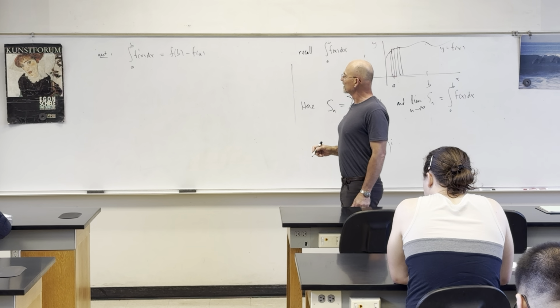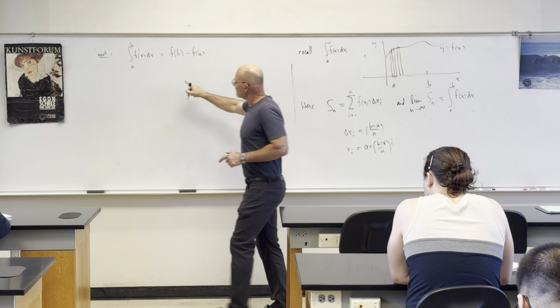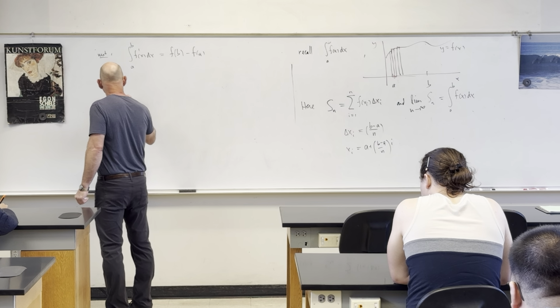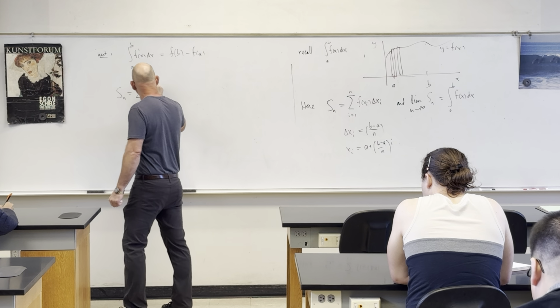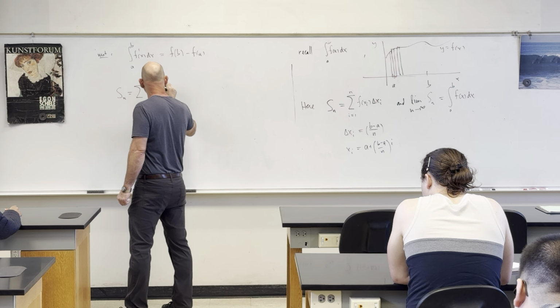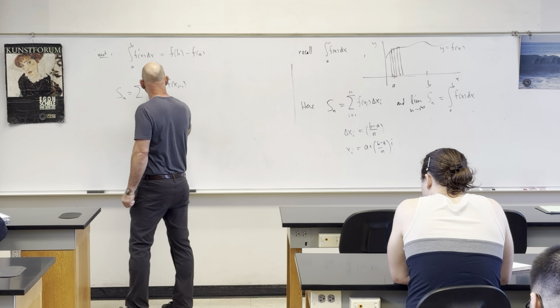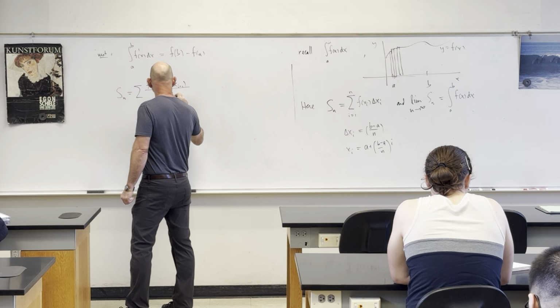So that's one way to look at the fundamental theorem of calculus. Now, if we do that same construction that we did over there, we would now have a sum of f of x_i minus f of x_{i-1}, over x_i minus x_{i-1}.